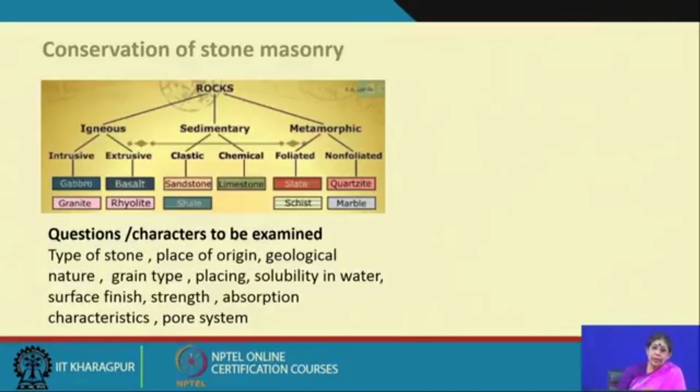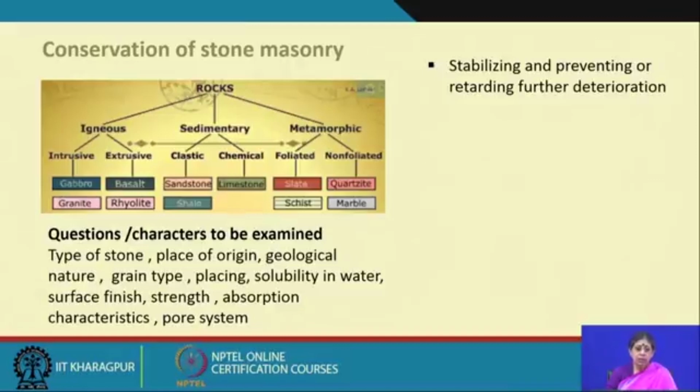Even under the same family or same type, there can be a variation depending on which quarry it is coming from, the color, texture, porosity, the grain size, there can be a lot of variation. So, this has to be understood properly with the proper expertise or by taking the advice of the experts.